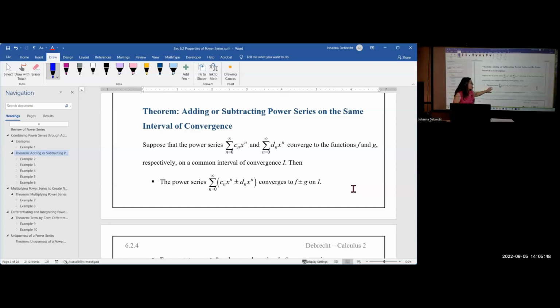Then we can say that when we add the two power series together or subtract them, it will converge. And in fact, weirdly, it converges to f plus or minus g. So if you add their power series representations together, you would get the same function as if you took the function forms of f and g and added those together. And the same for subtraction. Now, this is pretty powerful.